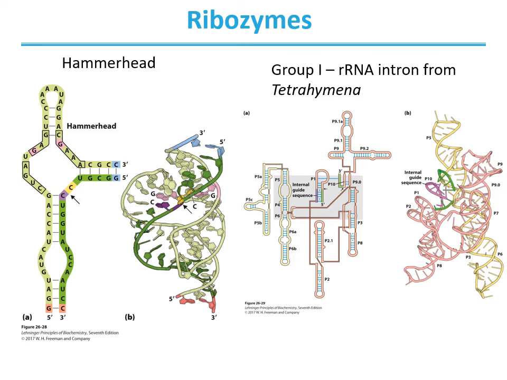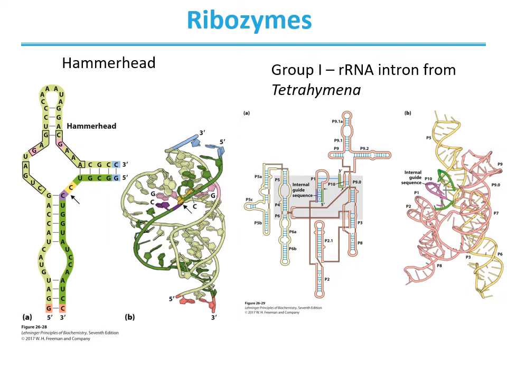Ribozymes are RNA molecules that catalytically cleave RNA. They cleave themselves or another RNA. Their 3D structure is integral to proper function, meaning that the active site is made of nucleotides that are distant to one another in the primary sequence. They follow Michaelis-Menten kinetics.